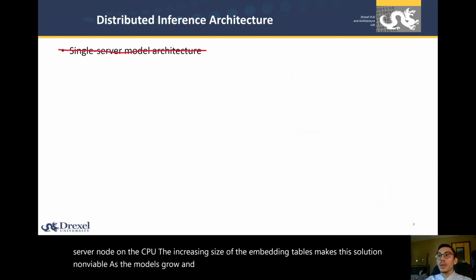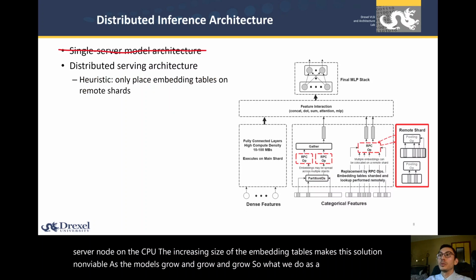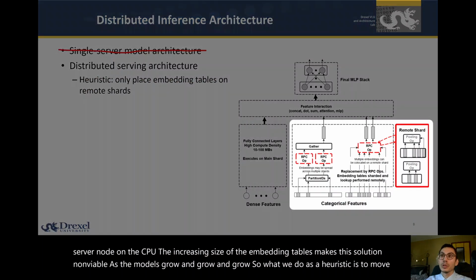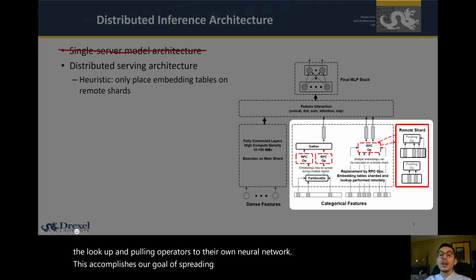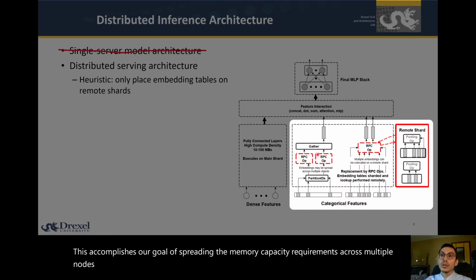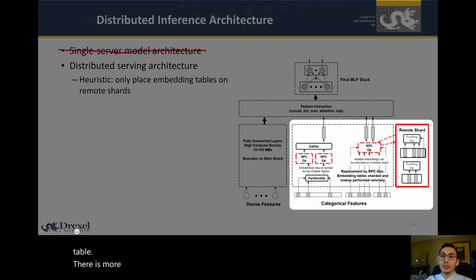So what we do as a heuristic is to move the lookup and pooling operators to their own neural network. This accomplishes our goal of spreading the memory capacity requirements across multiple nodes. Remote procedure call, or RPC operators, are put in their place as a virtual embedding table. There is more detail in the paper if you are interested.